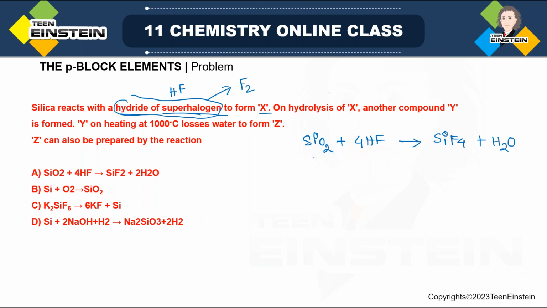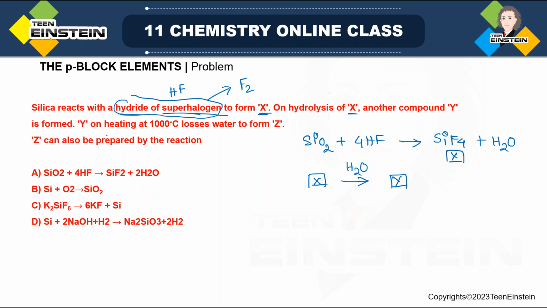So this is X. Now on hydrolysis of X, another compound Y is formed. Now when I am hydrolyzing X, there is formation of Y. That means X is reacting with water.